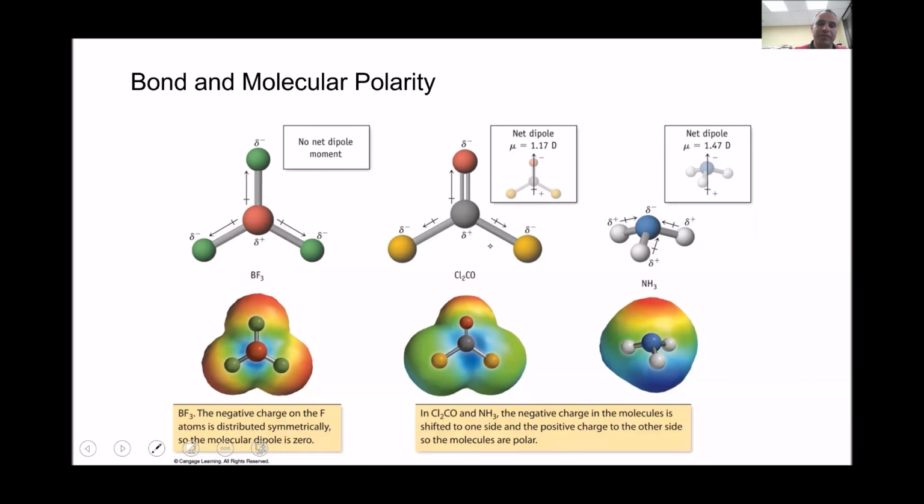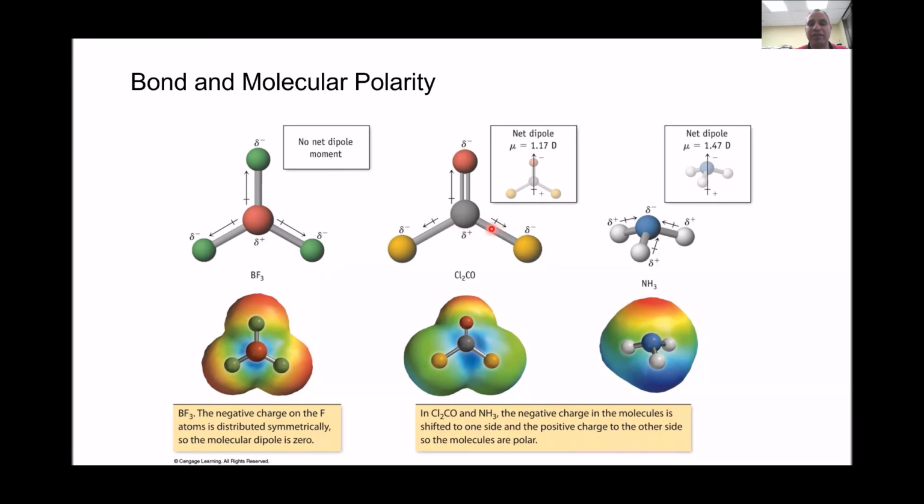For example, BF3, you have three identical bonds around the central atom that are symmetrically oriented with respect to each other, so they will cancel each other and the molecule will be nonpolar. But if you look at the Cl2CO molecule, you clearly see that the dipole moment along the carbon-chlorine bond is different than the dipole moment along the carbon-oxygen bond.